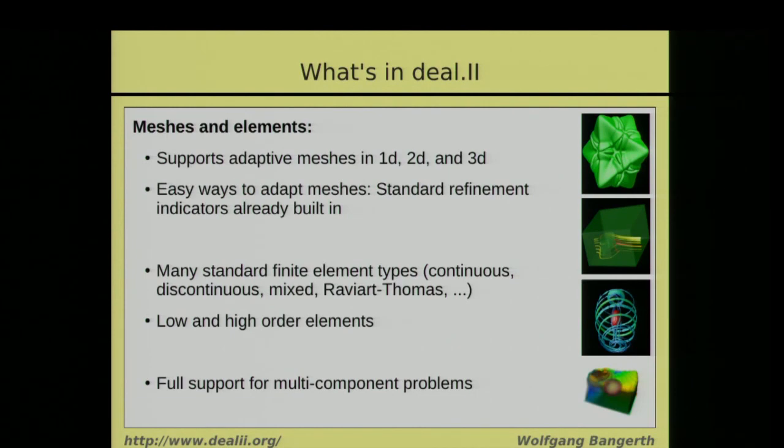Okay, so just to go through the list of things that deal.II offers. As far as meshes are concerned, when you want to do finite element meshes, they, of course, need to come in 1D, 2D, and 3D versions. So, of course, the real world is three-dimensional, but oftentimes we can get away with doing things in 2D. Particularly because it's so much cheaper to do it.